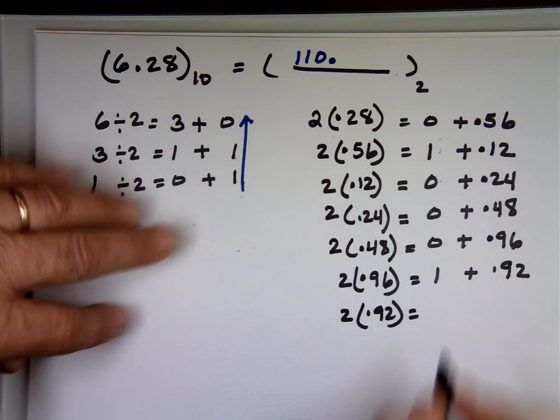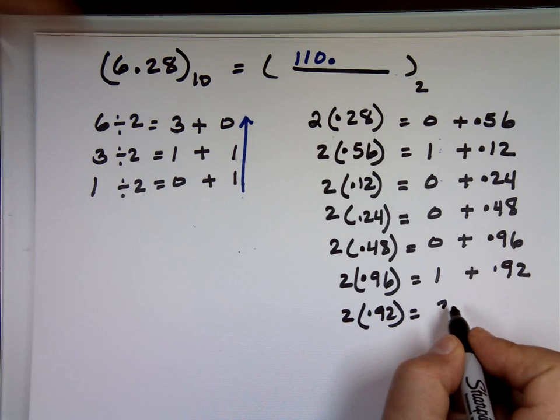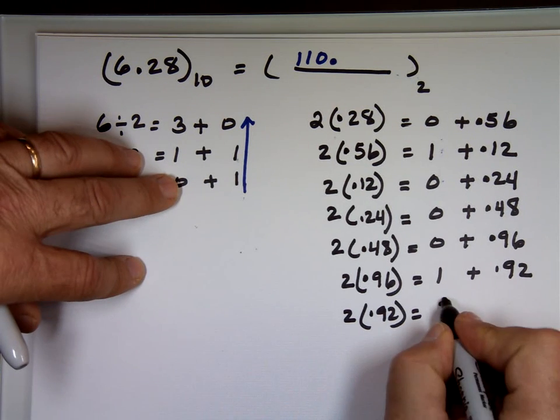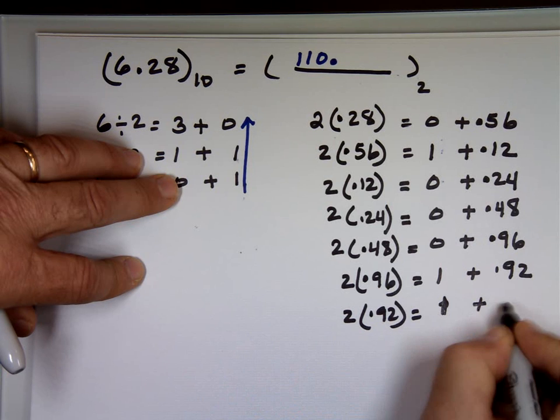3.84. Oh no. Oh, 0.92. I said 3. 0.92 times 2. Ugh. 2 times 0.92. Start again. 1.84. 1 plus 0.84.